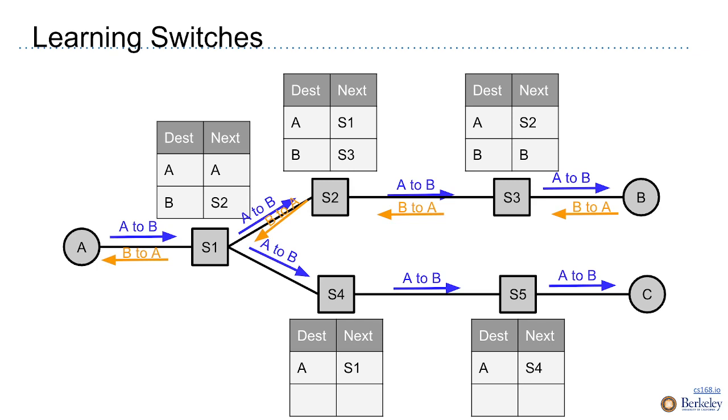Yeah, it did, right? Does anyone know? Yeah, right? It's just going to look up its table, and it has a route already. And so it won't need to flood.